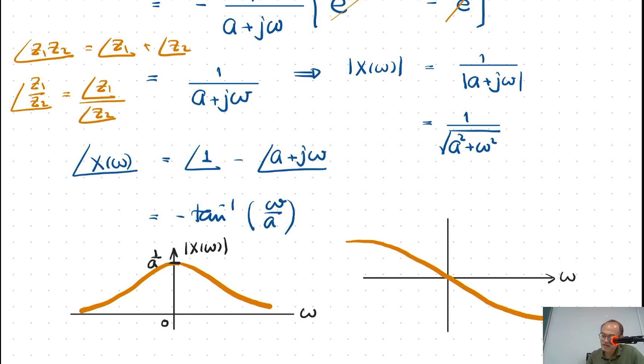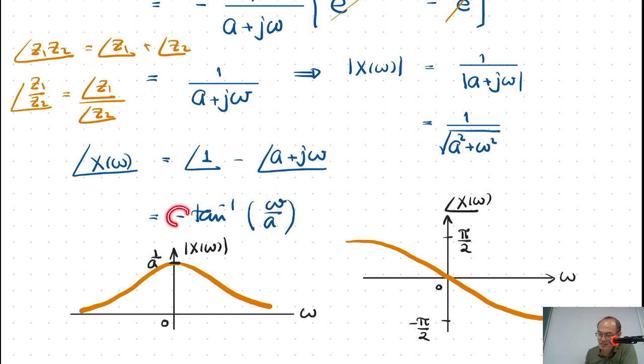You'd have this graph, and it has to be pi over 2 and minus pi over 2. Okay, this is 0. And this is the phase of x, the phase of the spectrum. You see, when omega is infinity, arctangent would be pi over 2.